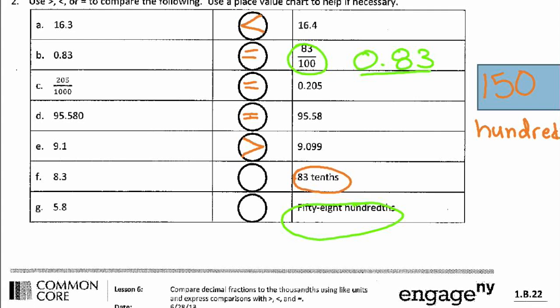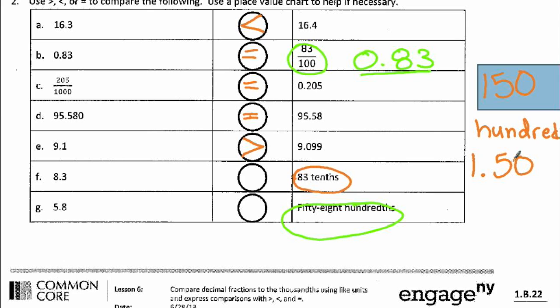If I have 150 pennies, how many dollars would that make? $1. And how many cents? $1.50, right?